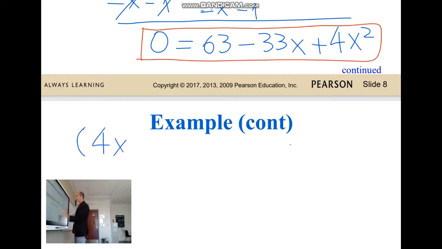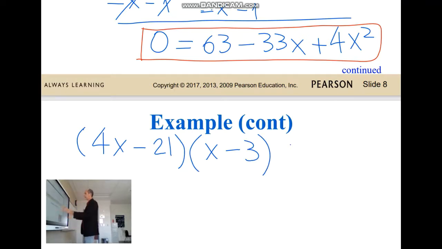One is going to be 4x minus 21, and the other one is going to be x minus 3. This is the same thing as the quadratic equation that we have here, equals 0.